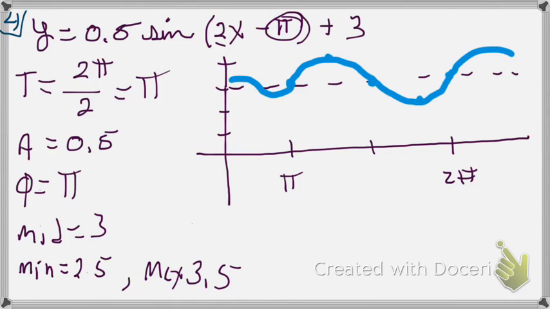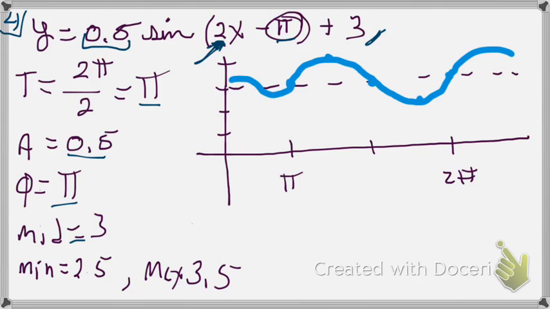And they ask what the period is, and the period is always 2 pi divided by the frequency, and the frequency is that value that we multiply x by, so 2 pi divided by 2 is pi. Amplitude is always this leading coefficient, so the amplitude is 0.5. Phase shift is pi. Midline is always the constant that's added at the end. This time it's 3. The minimum is going to be 2.5.